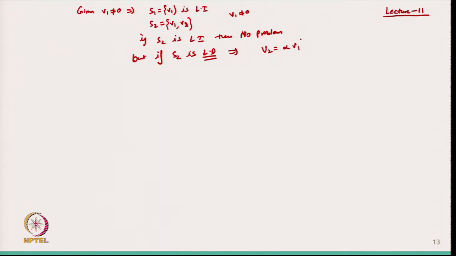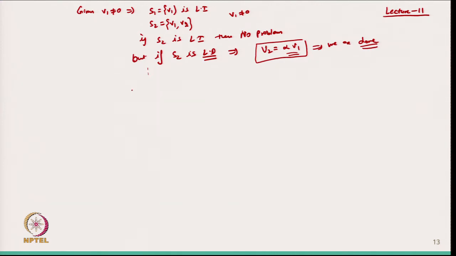So, from here we are done, that we have written one vector as a linear combination of the remaining one. We have shown that the vector V2 is a linear combination of the previous vector, that was V1, and we are done.